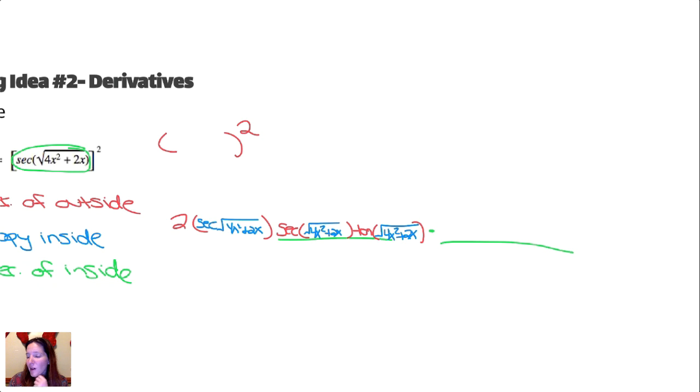So I got to take its derivative. So now I have my outside function now, right? Because this is what I'm dealing with. I need to take the derivative of that, the 4x squared plus 2x. So my outside function, right, is something to the 1/2 power. So that becomes 1/2 something to the negative 1/2.